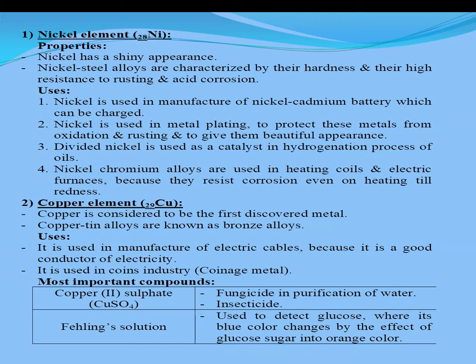It's used in the coins industry. The most important compound of copper is copper sulfate, which is used as a fungicide, in purification of water, and as an insecticide. And Fehling solution is used in glucose detection, where its blue color changes by the effect of glucose sugar into orange color.